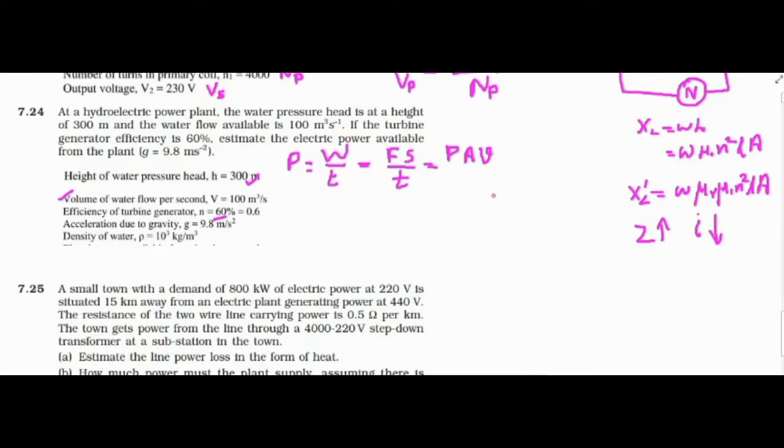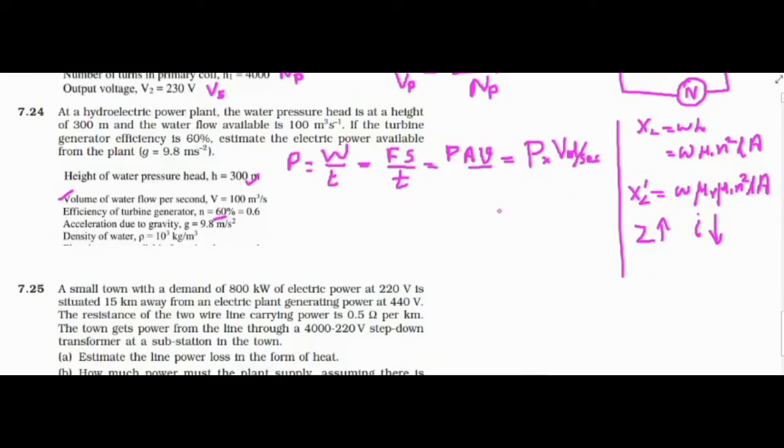Now area into velocity gives the rate of flow, so P into rate of flow can be written as volume per second.